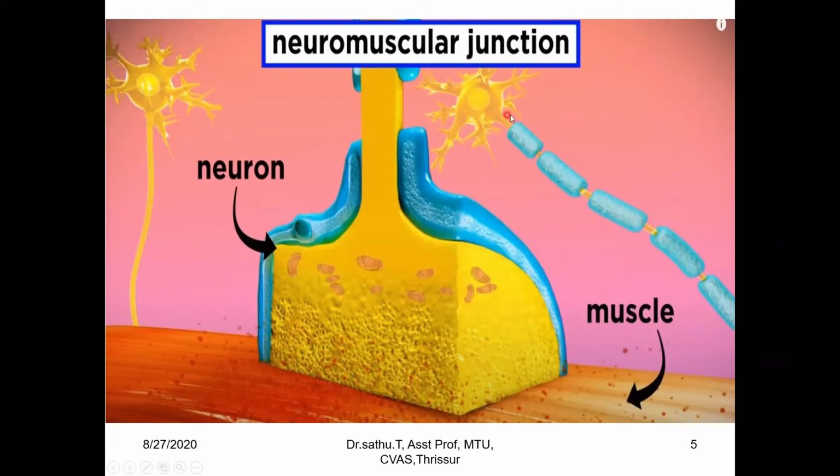So this is the axon and this is the tail region where the terminal comes and attaches with the muscle. This is the neuron and this is the muscle. For the muscle to contract and relax, a lot of biochemical changes take place in this neuromuscular junction, which we are going to discuss in the coming slides.